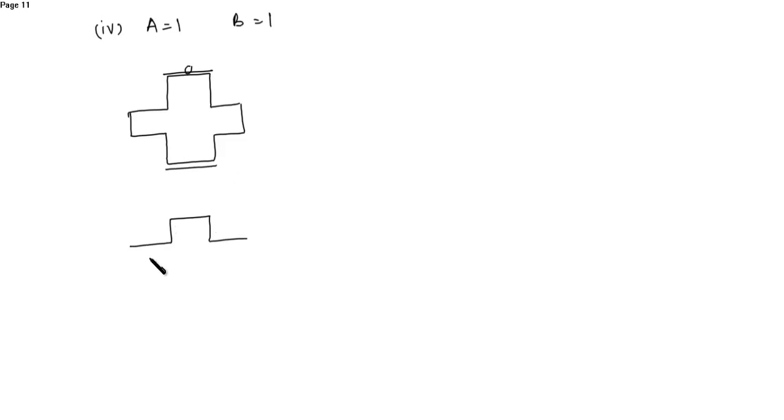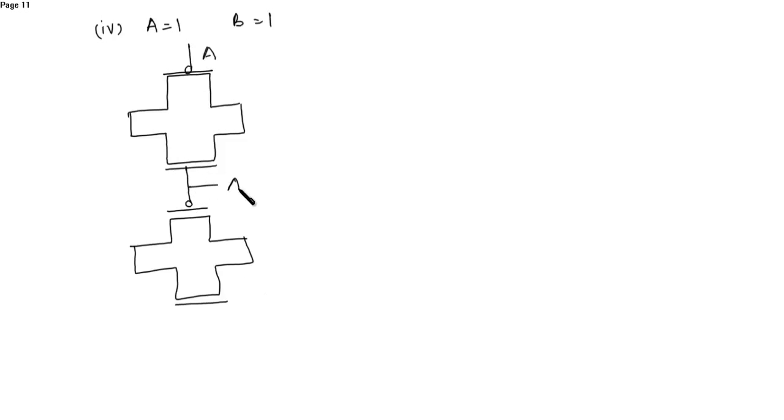Now let's see the fourth condition. That is if both the inputs are 1. So if both the inputs are 1, then this is transmission gate 1. This is the transmission gate 2.